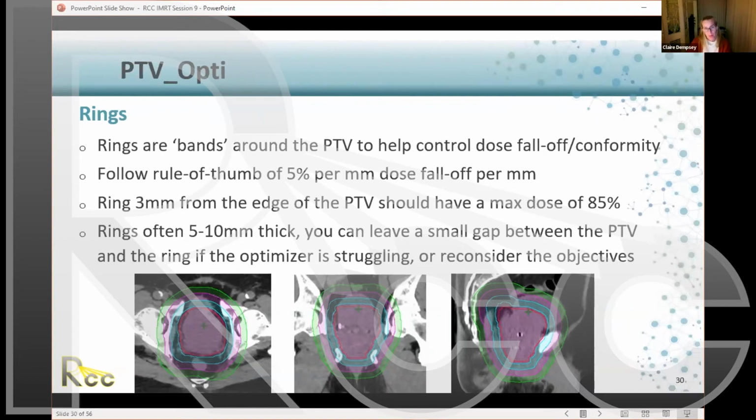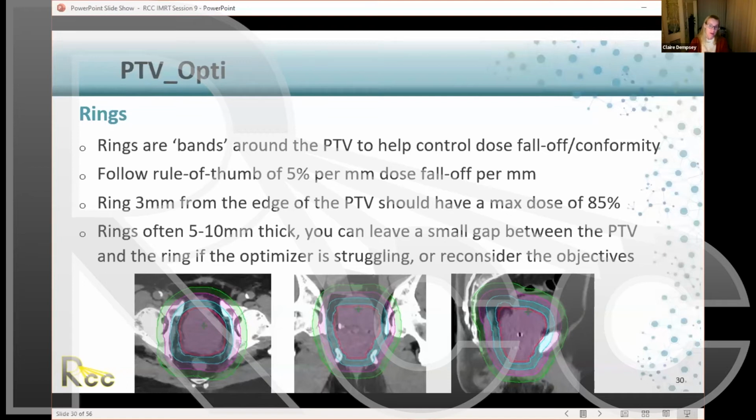In my department, we usually make rings about 5 to 10 millimeters thick. And some departments like to leave a small gap between the PTV and the ring. This is to help the optimizer, because if you have one structure and you want, let's say 60 gray to the PTV, and then you want the dose to drop off really quickly, you're going to have two competing structures sitting exactly side by side, and the optimizer sometimes struggles with that.